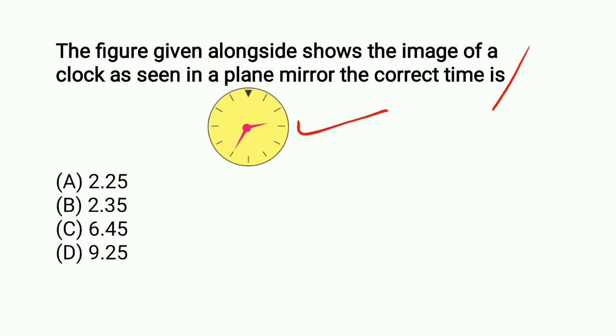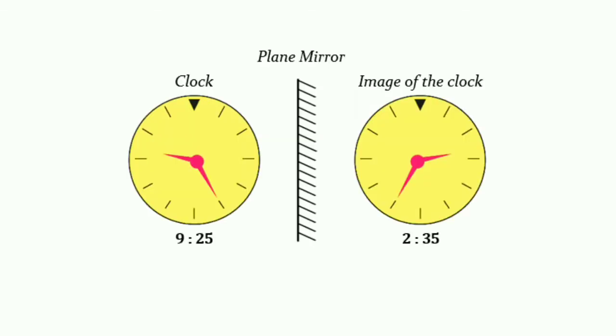Next question. The figure given alongside shows the image of a clock as seen in a plane mirror. The correct time is? Here we have the image of a clock shown by the plane mirror, and we have to choose the actual time. The options are 2:25, 2:35, 6:45, 9:25. So I will show you the image.